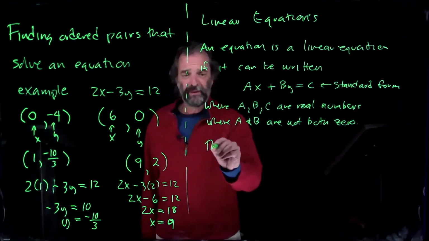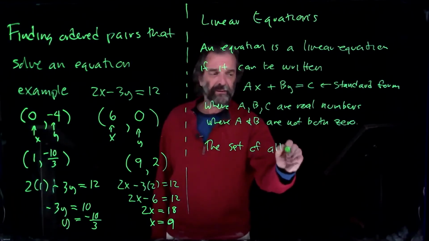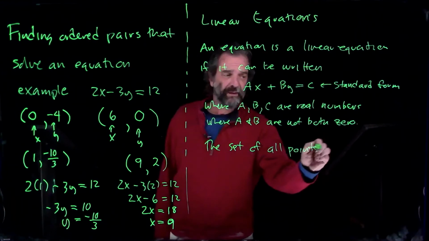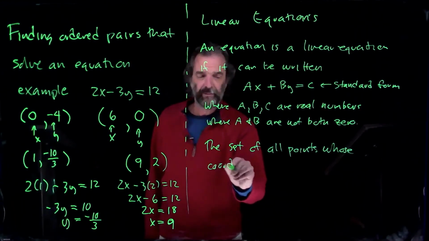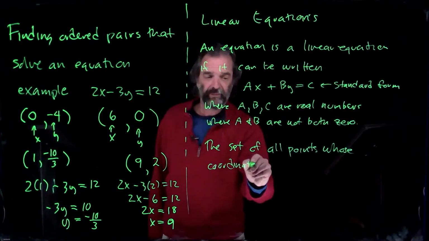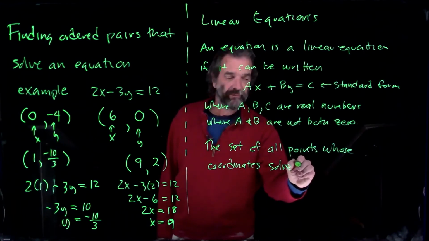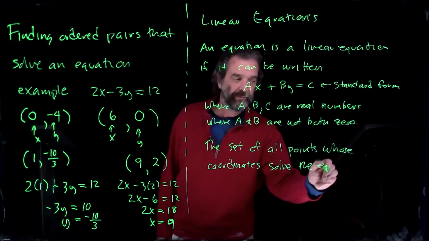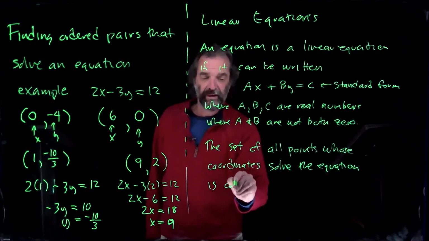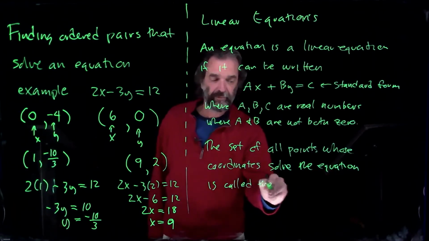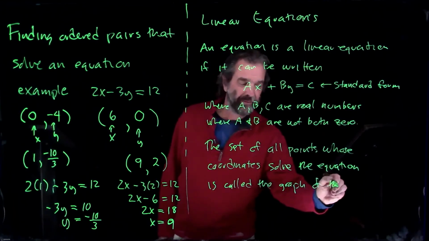Write that here. The set of all points whose coordinates solve the equation called the graph of the line.